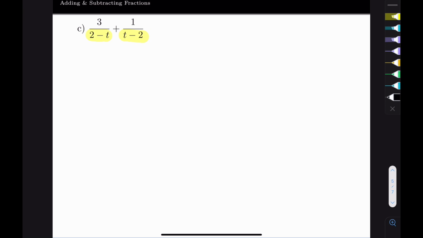We can just do a little bit of manipulation. This first one, I'm going to leave alone. And for the second one, I'm going to factor out a minus sign, because it's going to flip those two pieces. And now I have 1 divided by -1. All that really does is change the addition out front to subtraction.